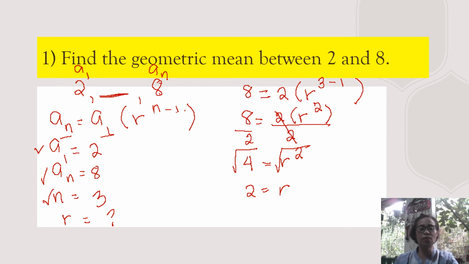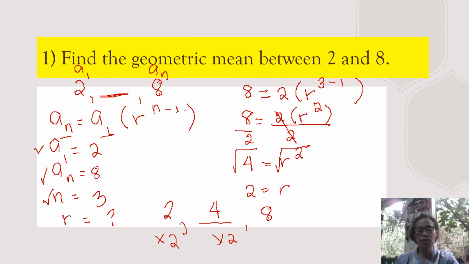Now, let's check whether this is right by multiplying the common ratio to the first term. So 2 times 2, which is the common ratio, gives you 4. 4 times 2 gives you 8.